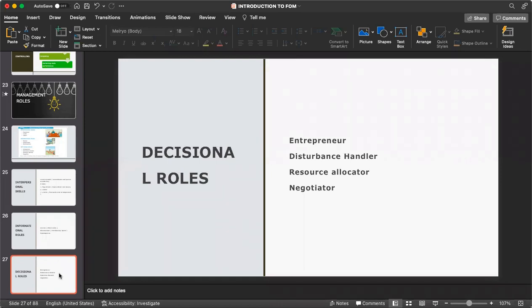Resource allocator, first of all, what is a resource allocator? We need to understand. A resource allocator may deal with anything: financial resources, human resources, or informational resources as well. Usually it is the financial allocator, dealing in financial information.